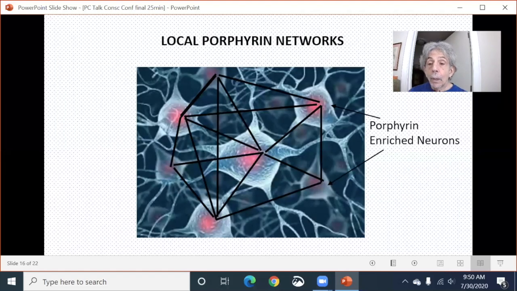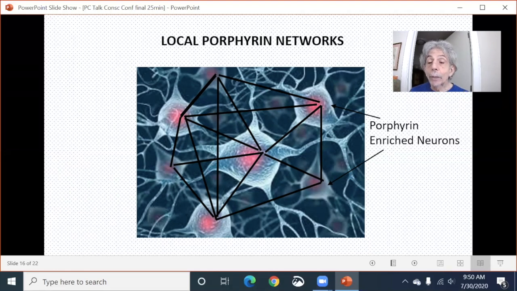So here's a close-up of what might actually be going on in the brain, where we would have local porphyrin networks, because there are obviously porphyrin molecules in every cell. So if we take some enriched neurons, enriched with porphyrins, we could actually have some kind of an energetic communication between these individual porphyrin molecules.